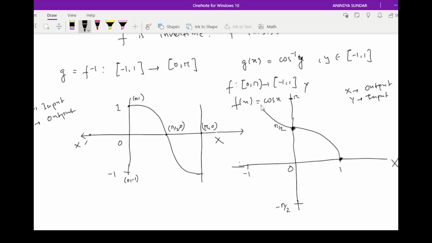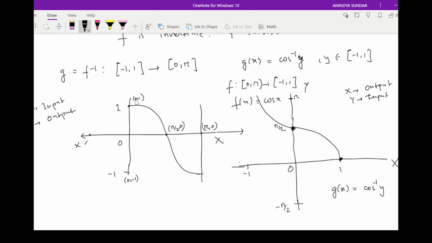So it will move like this. So this will be the graph of our f(x) equal to cos inverse x, or g(x), or cos inverse y. So this is the graph of cos inverse.